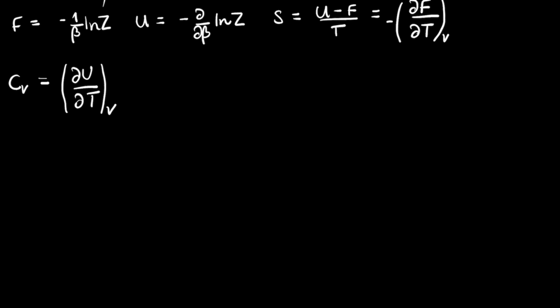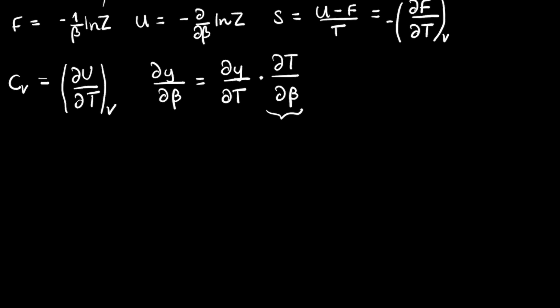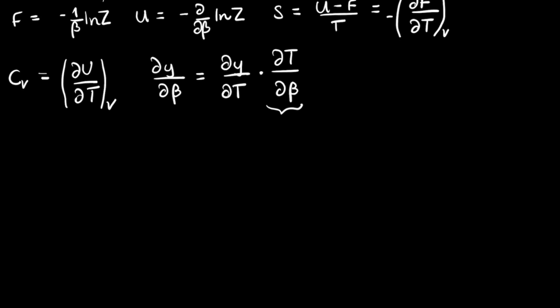We can simply use the chain rule and say that if y is some random function that I've made up, dy by d beta is simply equal to dy by dT multiplied by dT by d beta. So we only have to multiply by this term; that's the only real difference between dU by dT and dU by d beta. So what is dT by d beta?